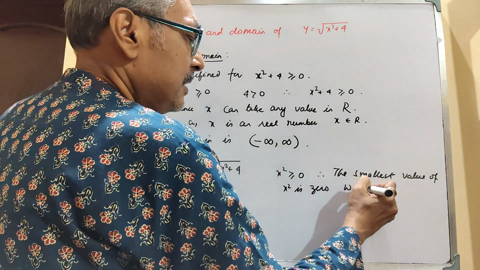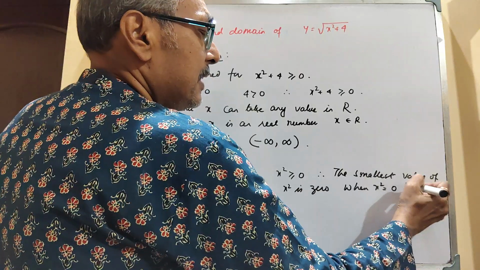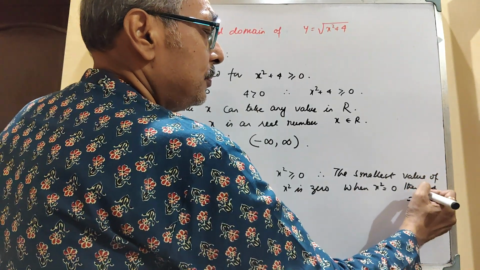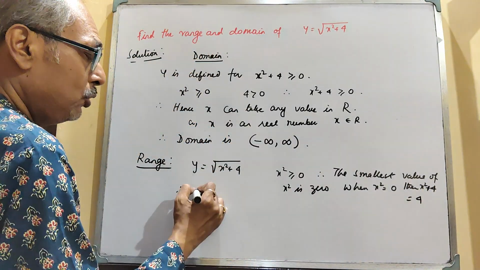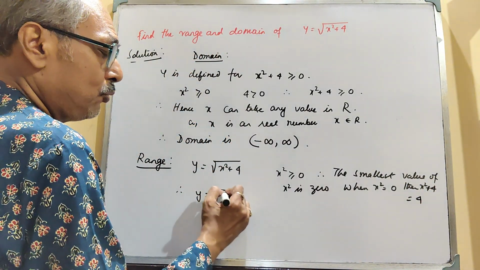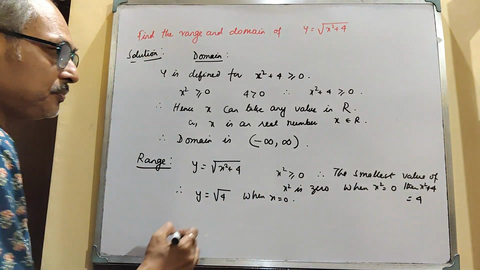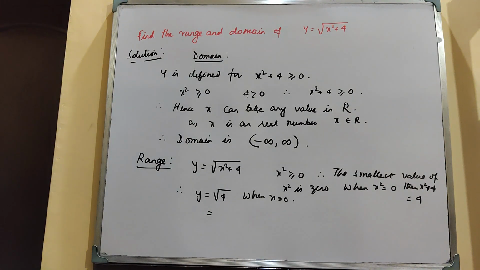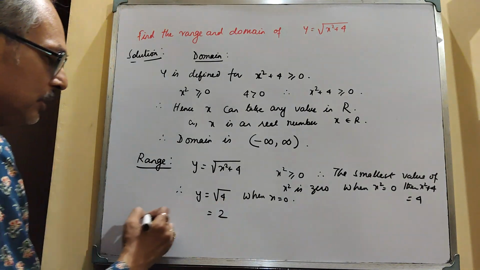Now, when x square equals 0, then x square plus 4 equals 4. Therefore, y equals under root 4 when x equals 0, and this becomes y equals under root 4, which equals 2.